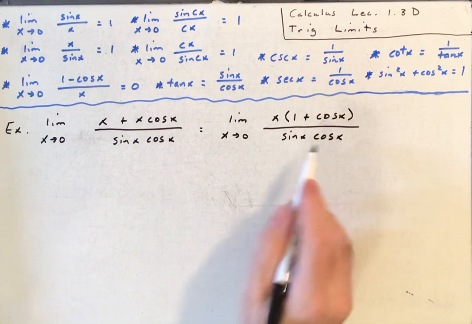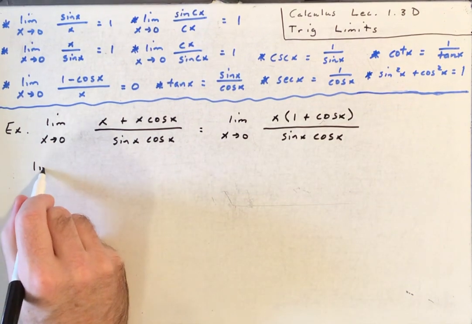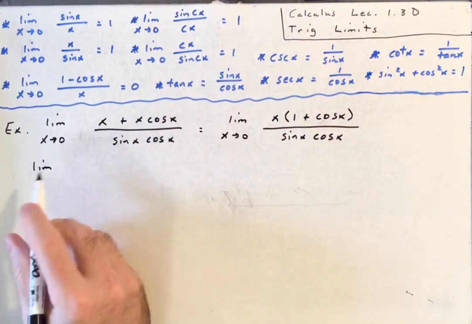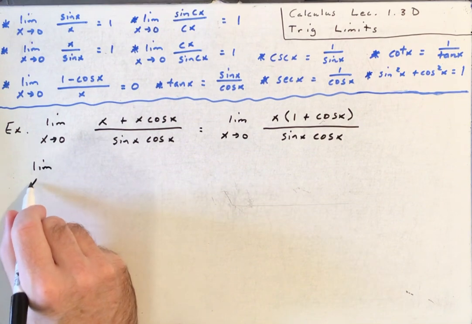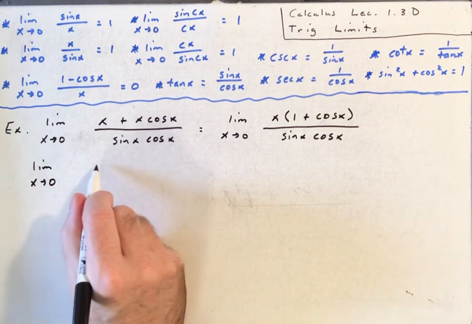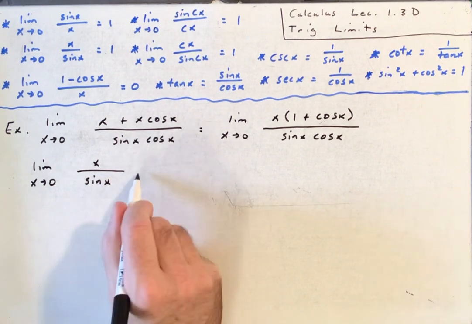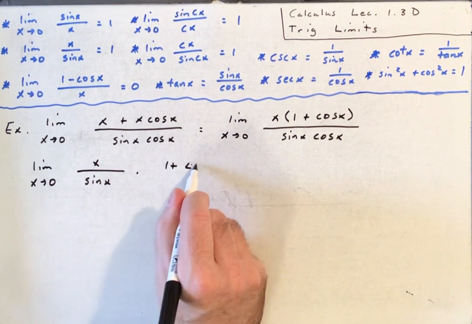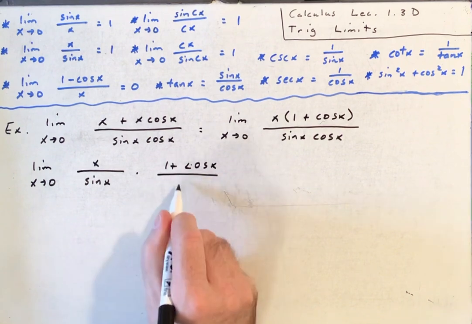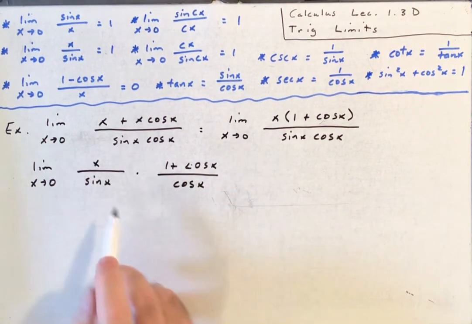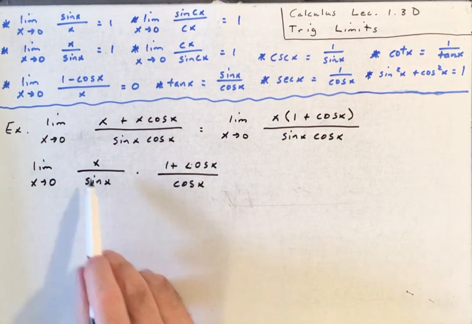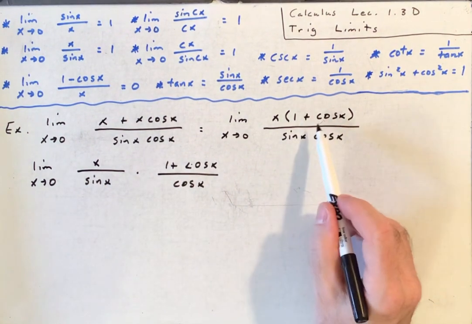Now I want to rewrite this thing so that it looks like one of these formulas. So how about I rewrite it as x over sine x times 1 plus cosine x over cosine x. If I multiply those two together, that times that gives you this.